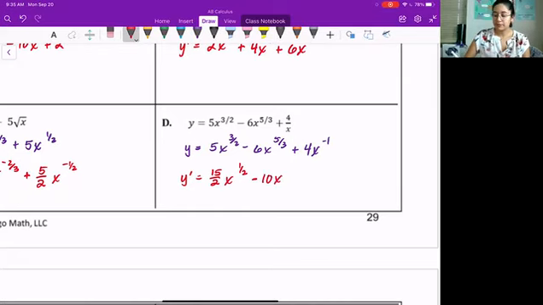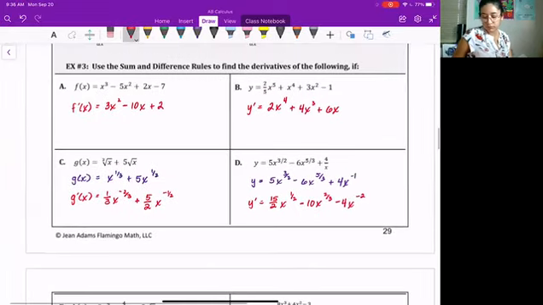And 5/3 minus 3/3 is 2/3. Okay, for my last term, 4 times -1 would be -4. And -1 minus 1 is -2. Nice.